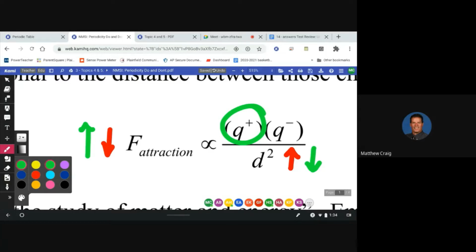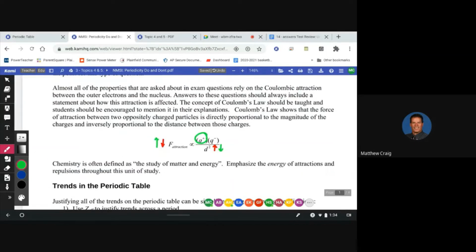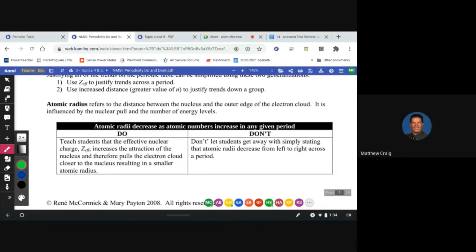So we know what the trend is. Just implement this equation in that, if you're asked to do the free response. So when you see a multiple choice question, keep that in the back of your mind of what's happening. Okay, go smaller.